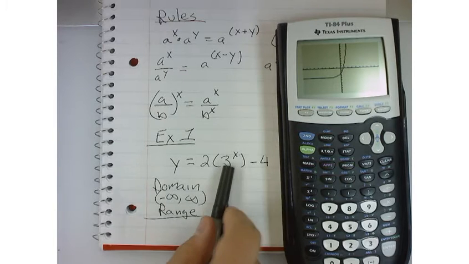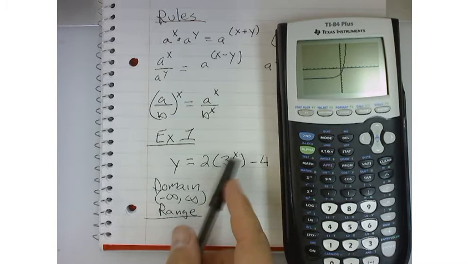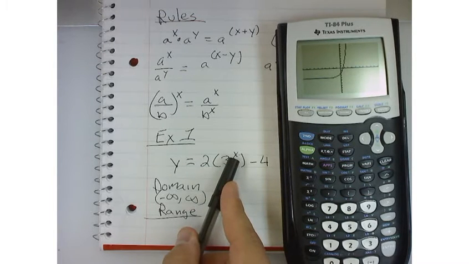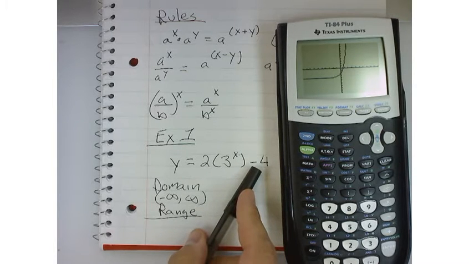I could. If this was a negative exponent, like negative infinity, it'd be 1 over 3 raised to the infinity, which is 1 over infinity, which would be close to 0. So the lowest value I could get close to would be negative 4. Does that make sense?